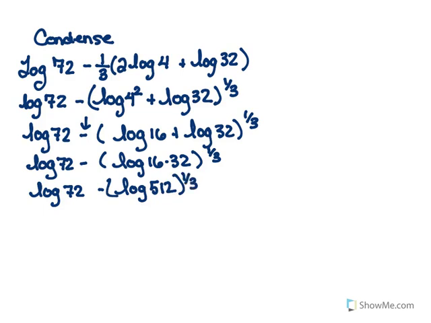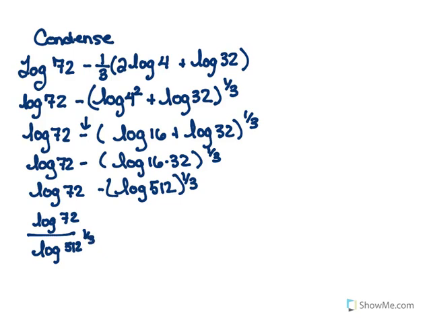When we do this minus, remember, we are going to divide. So I have on the top now log of 72 divided by log 512, and that's the cube root of that, so that to the 1/3.